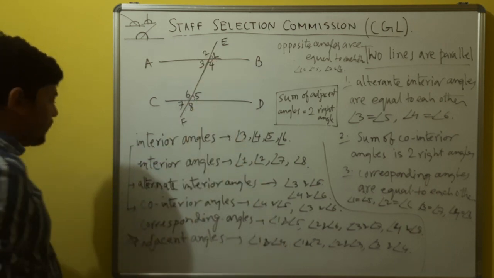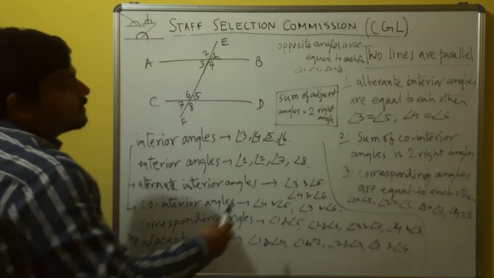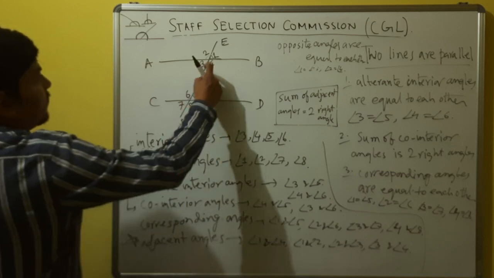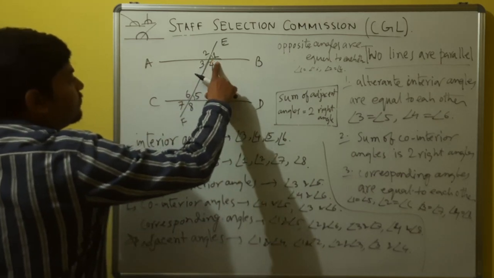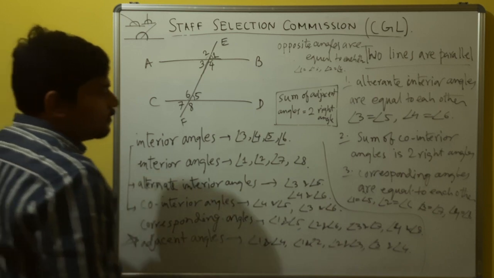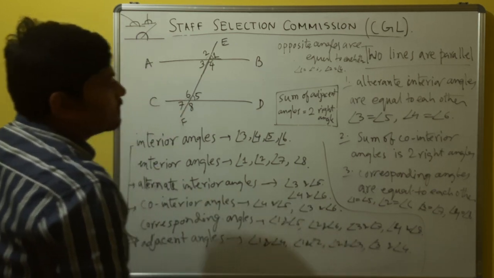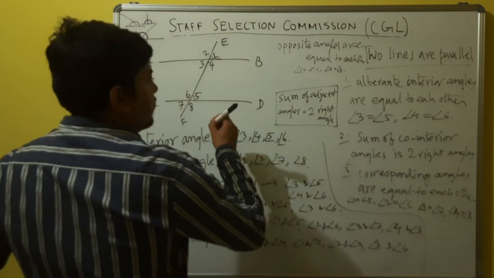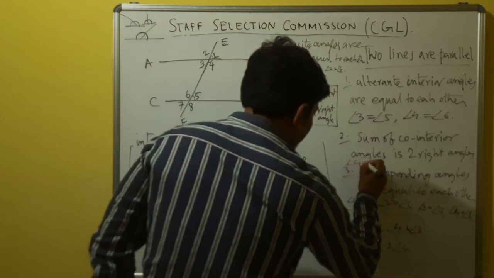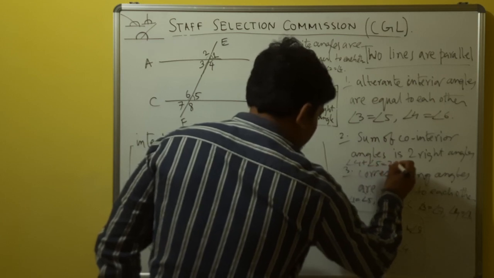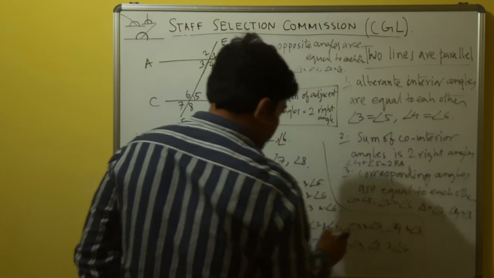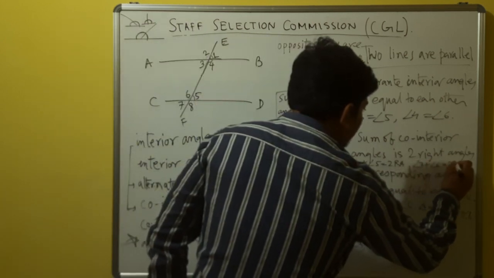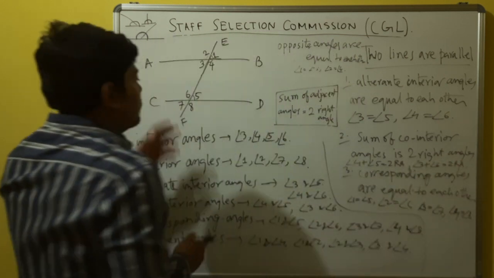Co-interior angles: the sum of co-interior angles is 2 right angles. 4 and 5 if we sum them, 2 right angles. 3 and 6 if we sum them, 2 right angles. Here, the sum of two interior angles, 4 plus 5 equals 2RA, right angles. Similarly, 3 plus 6 equals 2 right angles.